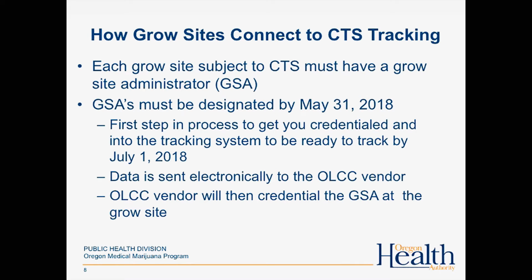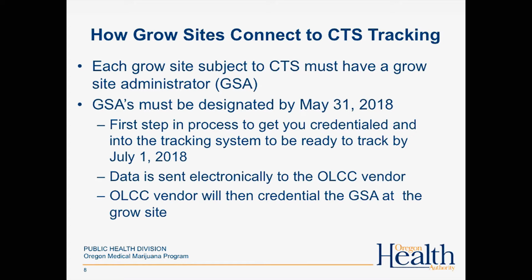The reason that we are asking that the Growsite administrator be set up by May 31st, I know that sounds confusing since the actual target date of tracking is July 1, is because this is just the first step, to move you over. We're doing it electronically.